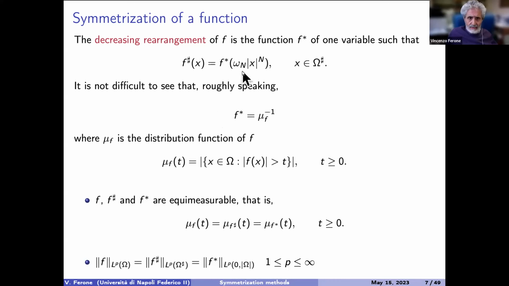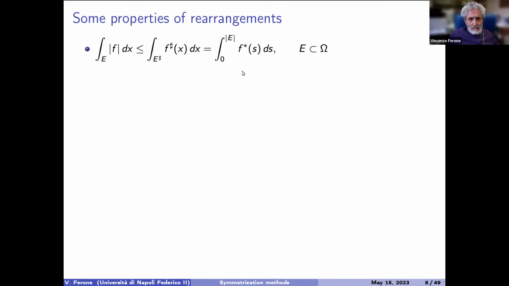F star, by definition, is defined in the interval (0, measure of omega). So these very simple definitions imply a certain number of properties, and among these properties, I will quote some of them, which are relevant in the applications.